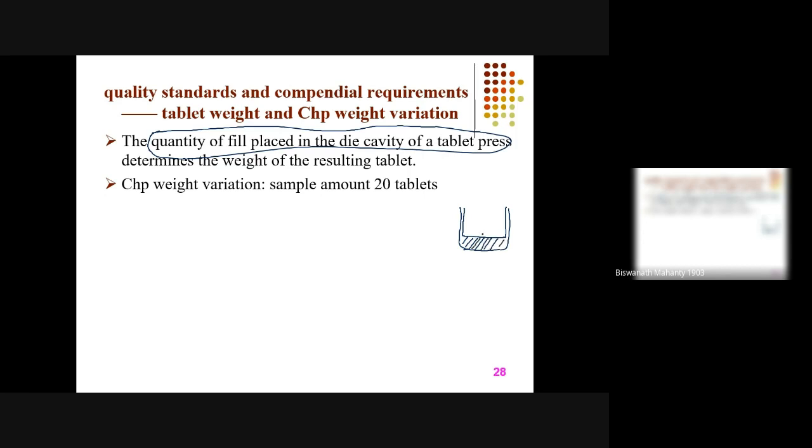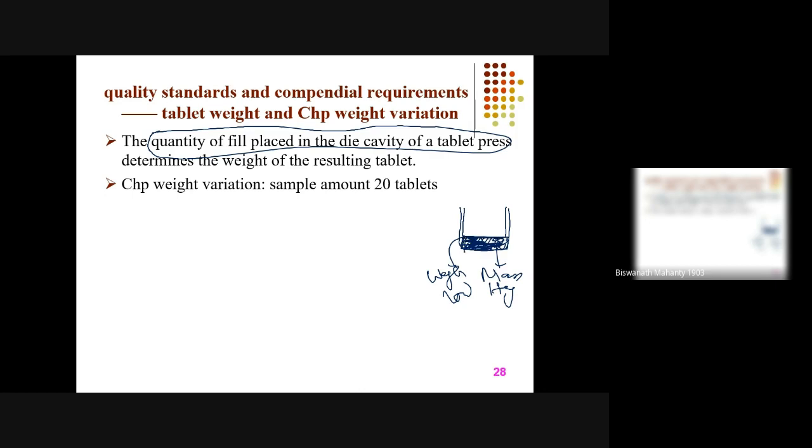So if I have a very fine powder, compression will be more, it will be more compact, and for the same volume I can have a larger weight, the mass can be high. But if you have granules, the amount of material or weight of the tablet can be lower, because the punch is only making a volume part.